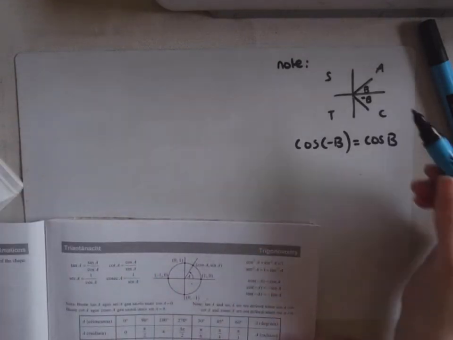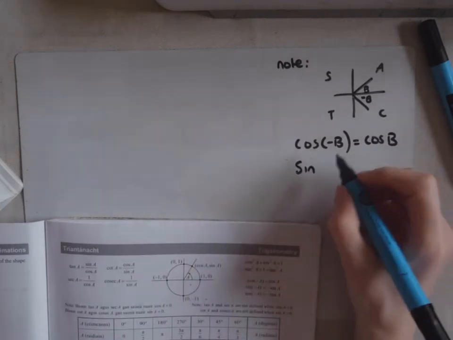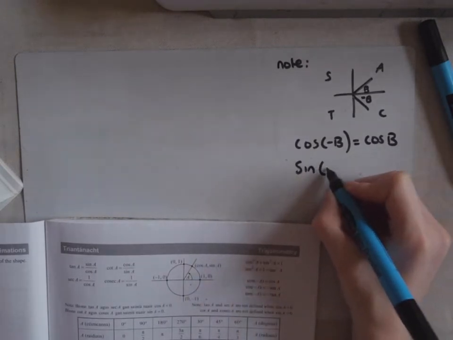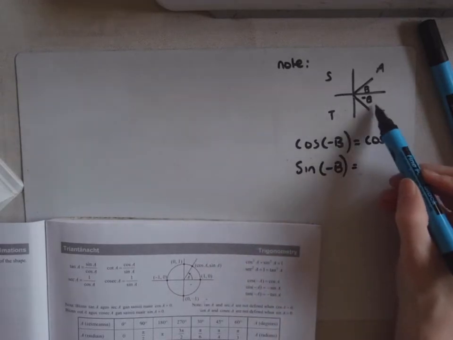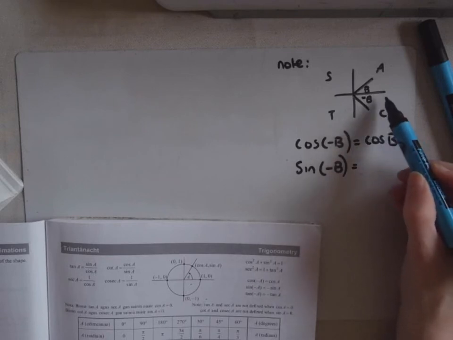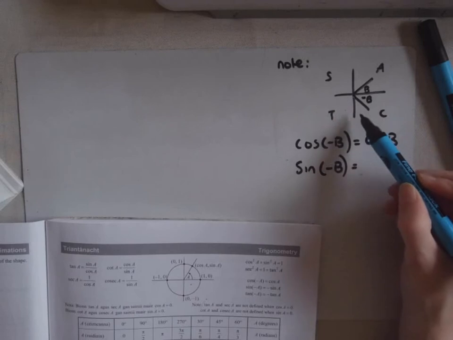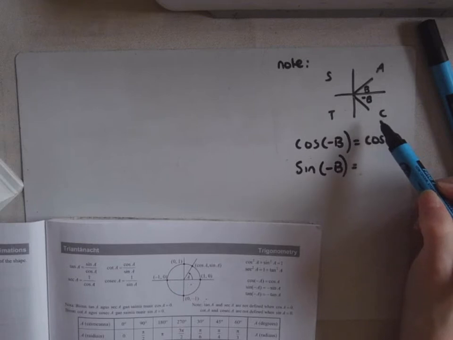Now, if I'm talking about sine of minus B, so sine down here, if I'm talking about sine in this quadrant, what's my answer going to be? A plus or minus?